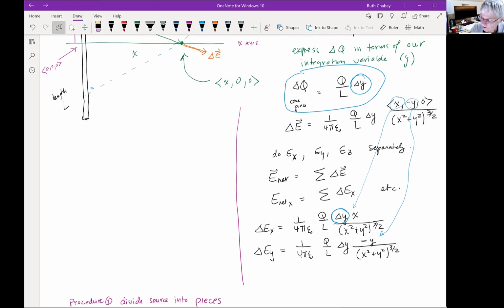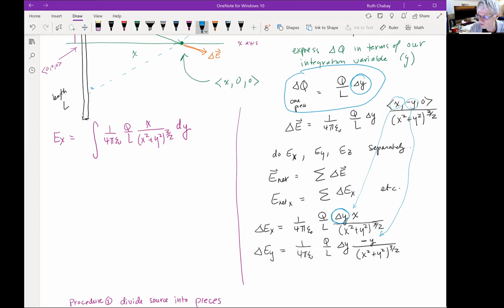So in the transition to calculus, we can write this as E sub x is going to be an integral, and here's what we're integrating: 1 over 4 pi epsilon 0, q over L, x over x squared plus y squared to the 3 halves, dy.